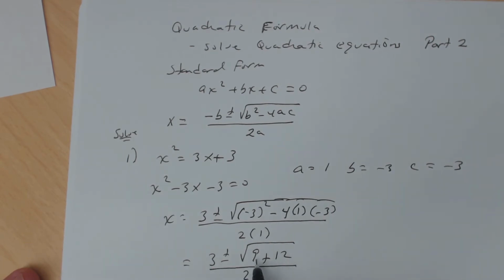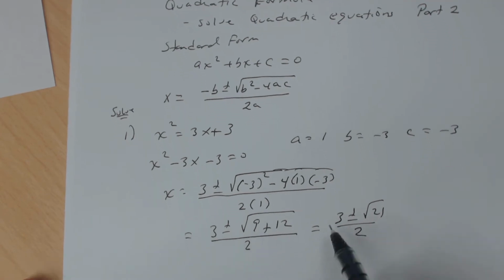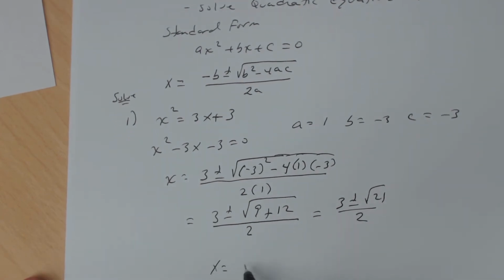So 9 plus 12 is 21, so I get 3 plus or minus the square root of 21 over 2. And I cannot simplify the square root of 21. Other than 1, there's no perfect square that goes into 21, so there's your answer. In your blank, you'll say x equals 3 plus or minus the square root of 21 over 2.